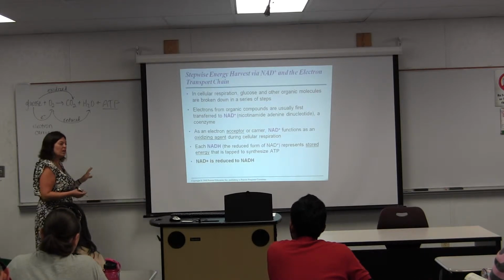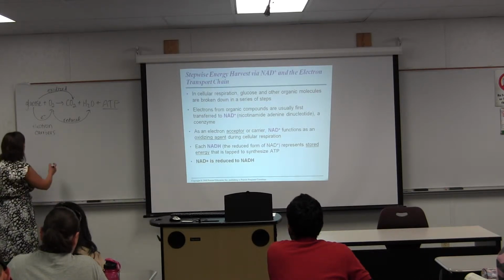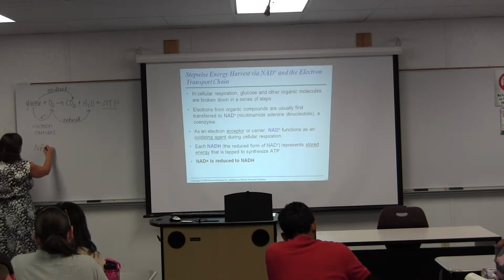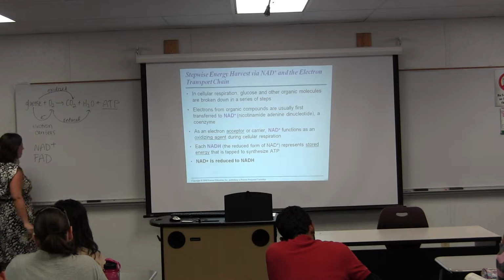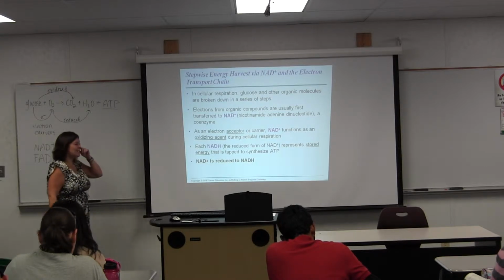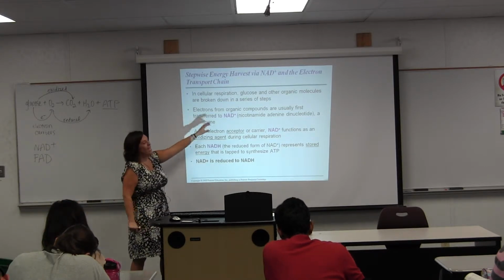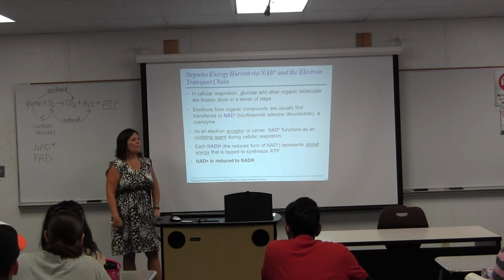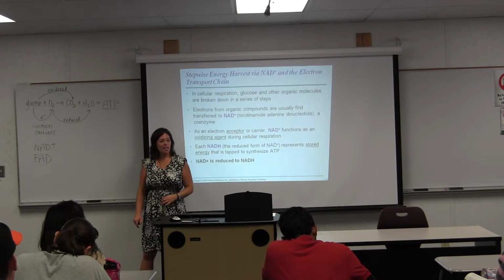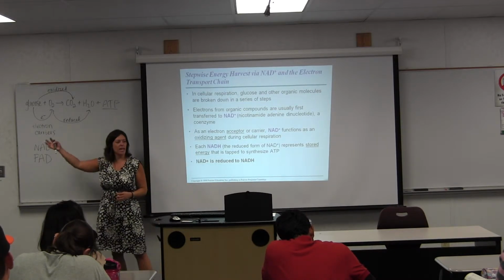The 2 that we're going to come in contact with today are going to be NAD positive and FAD. And so this NAD is nicotinamide adenine dinucleotide. I know, crazy name. But basically this is going to act as, again, an electron carrier.